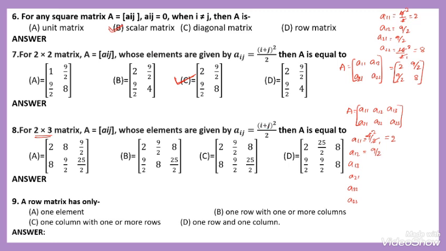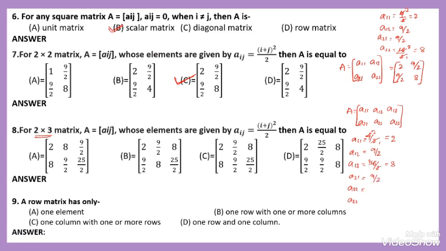Now 1 plus 3. Here i is 1, j is 3. 1 plus 3, 4. 4 square will be 16. 16 by 2, the answer is 8. Similarly for this element 2 1, that is 9 by 2.